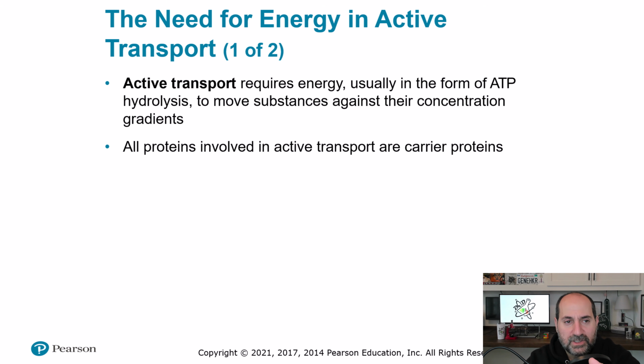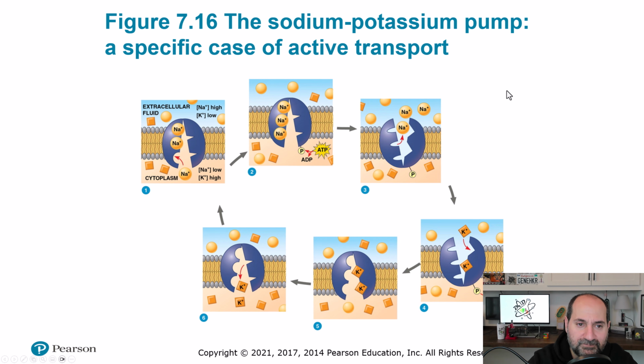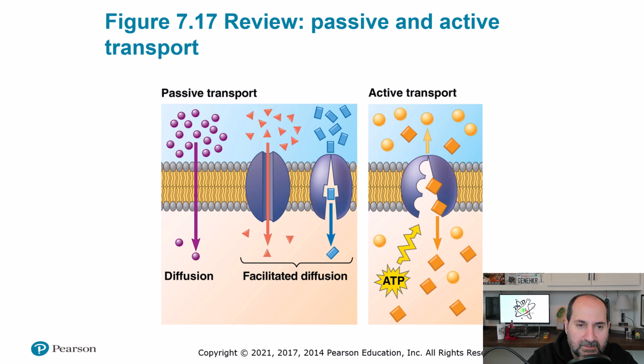In active transport, a substance is moving against the concentration gradient from low concentration to high. And this requires energy, usually in the form of ATP energy. And do you recall that the sodium-potassium pump is an example of an active transporter? Active transporters require energy in order to move substances from low concentration towards high.